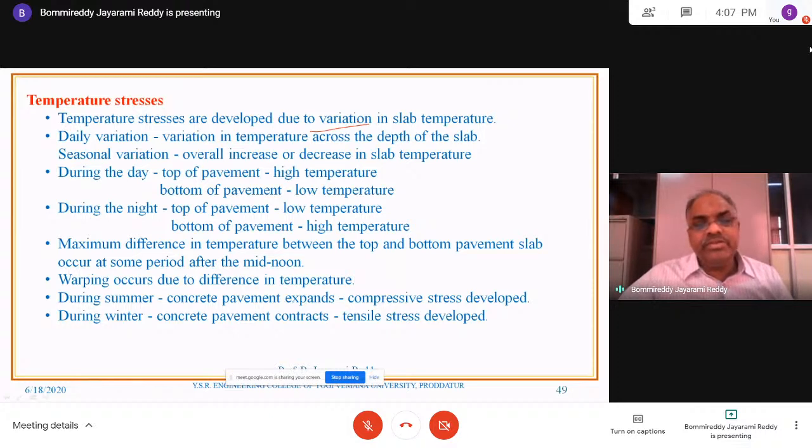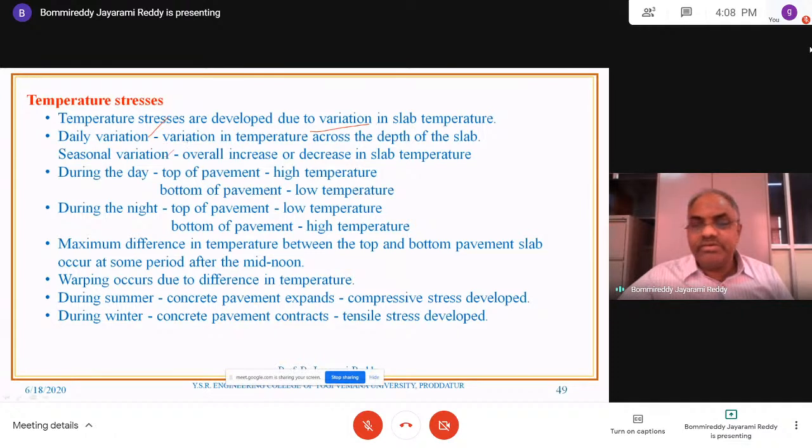Daily variation means variation of temperature across the depth of the slab. From morning to evening to night, the top temperature is changing, the bottom temperature is also changing, in the day and also in the night. There is no constant. So that is called the daily variation across the depth of the slab.